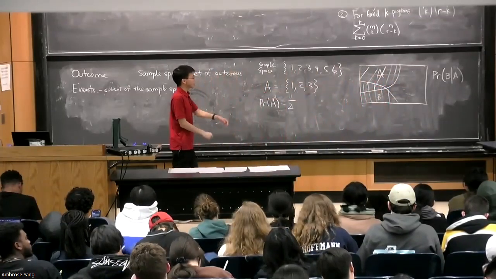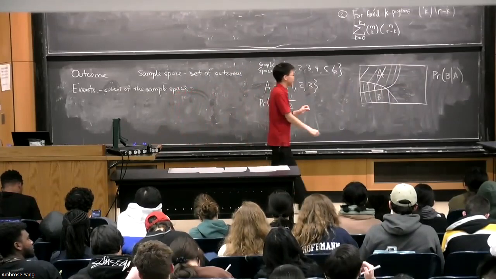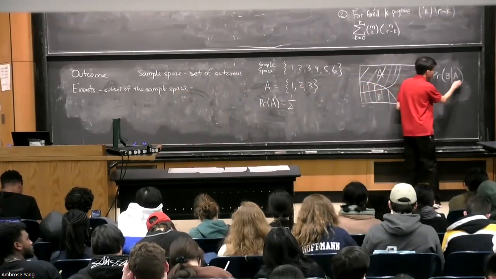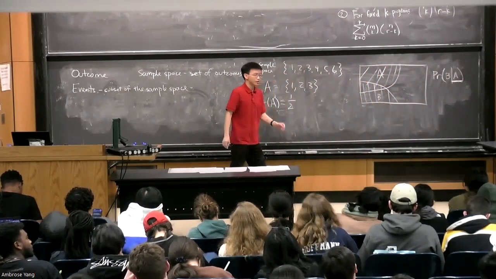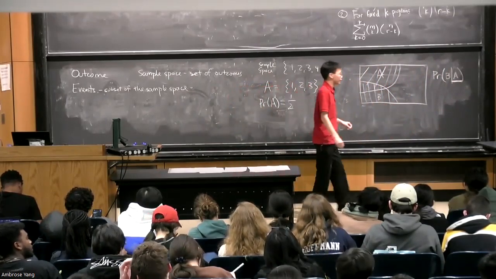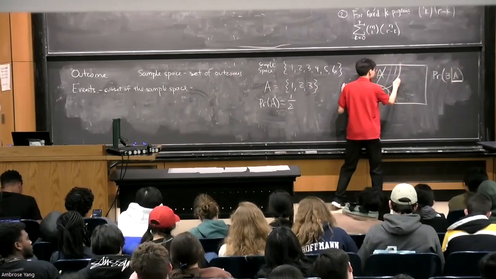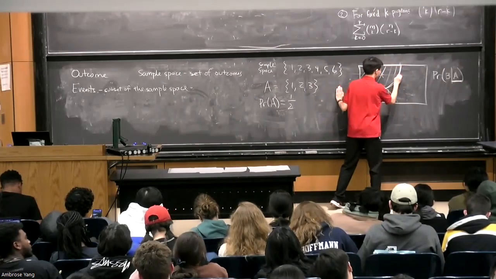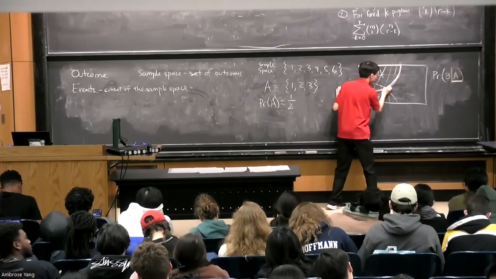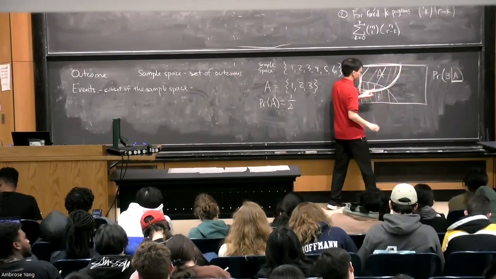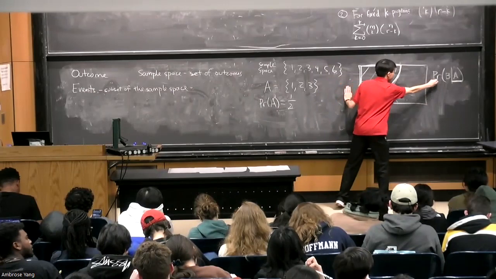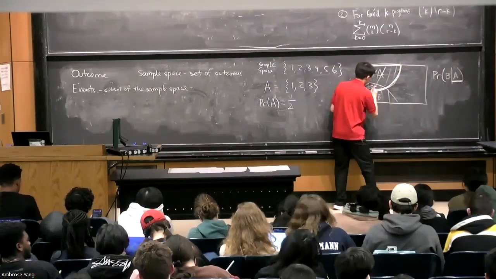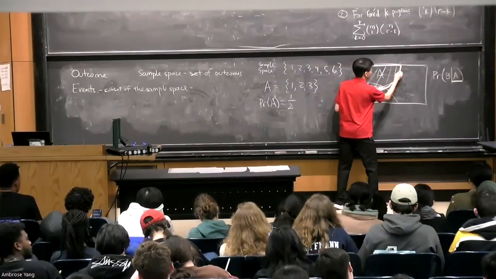The idea of conditioning, the probability of B given A, is that I'm now restricting my attention only to the stuff inside A. I'm certain that event A happens. So I'm only restricting myself inside this region. And out of the area of this region, how likely is it that B happens? So this is now this area divided by this area.